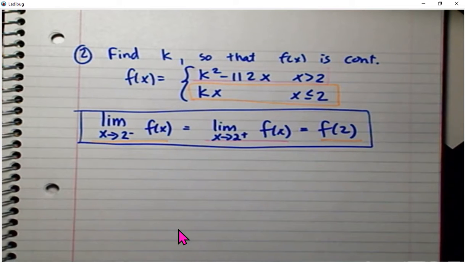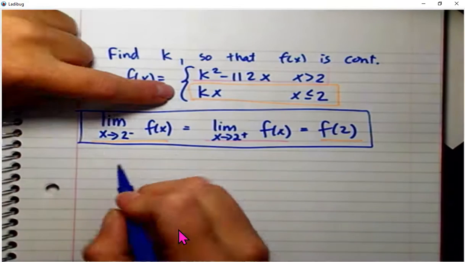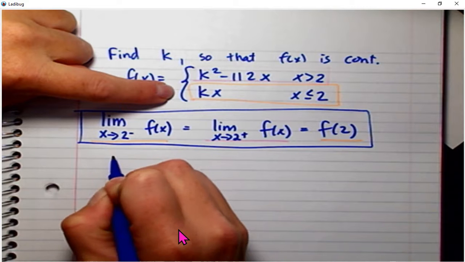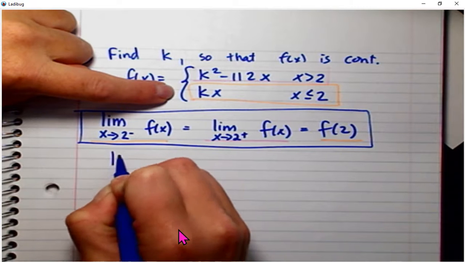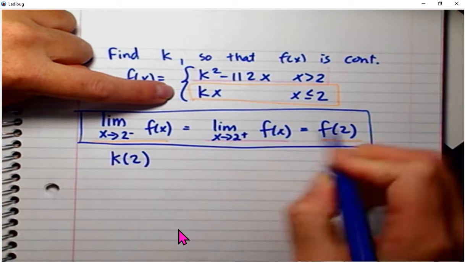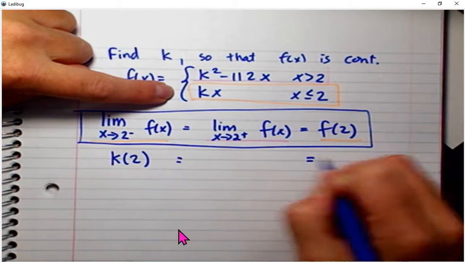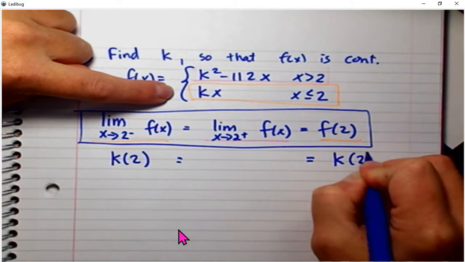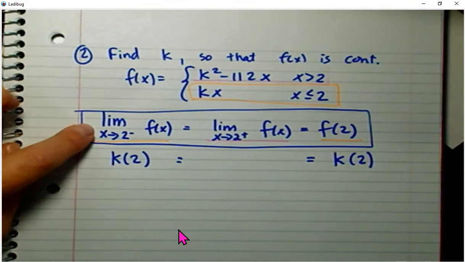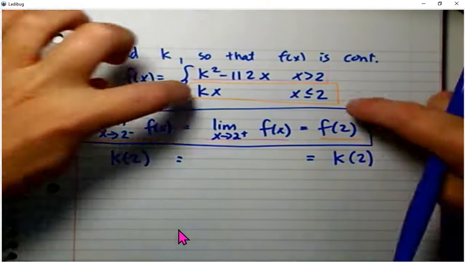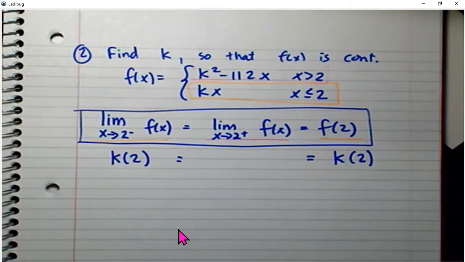In order for this to be continuous, they better be equal. So the limit from the left is k times 2. Notice how I didn't rewrite the limit statement because I've clearly identified which part is the left, so I can plug in without rewriting it.